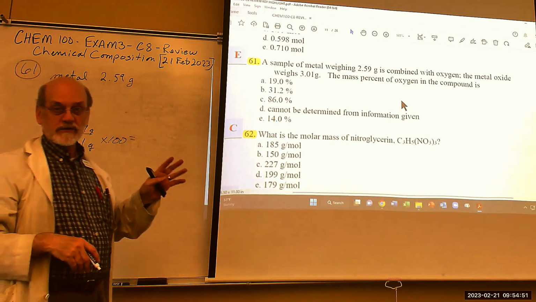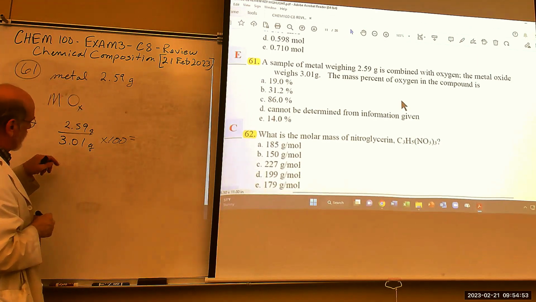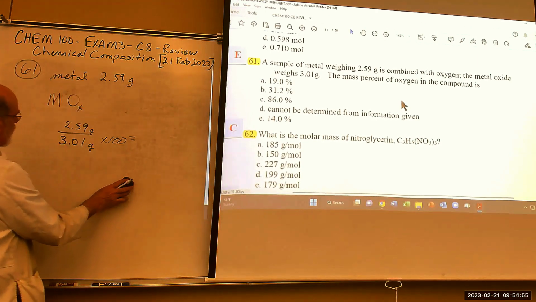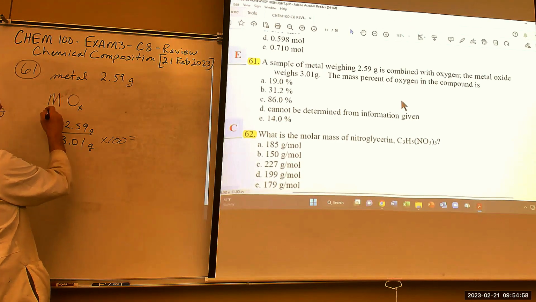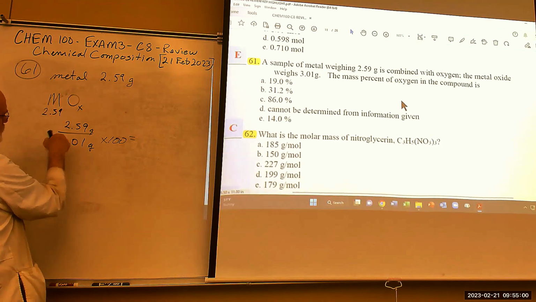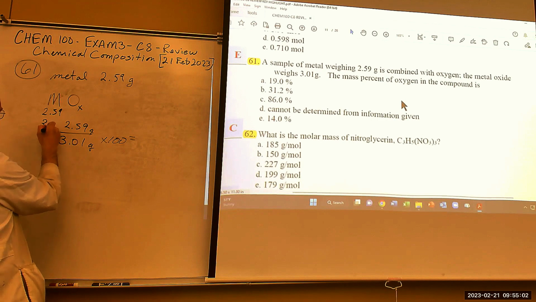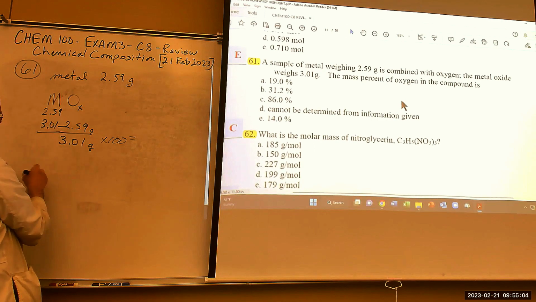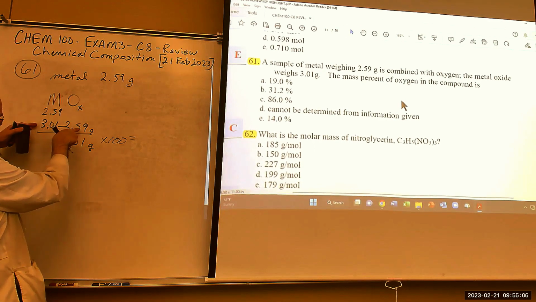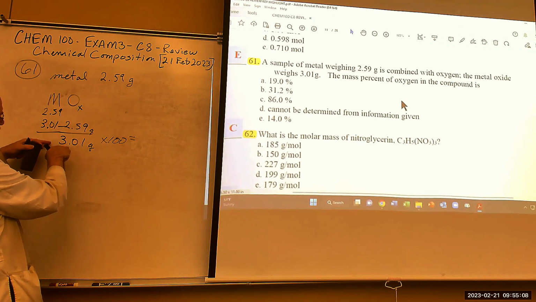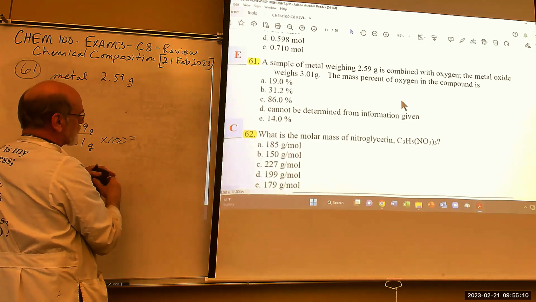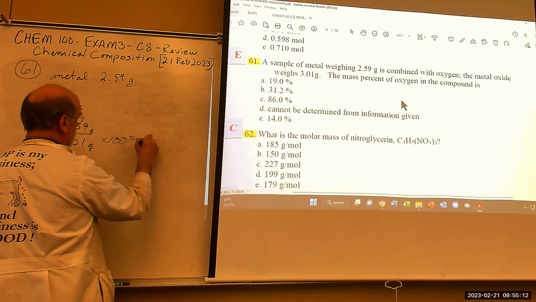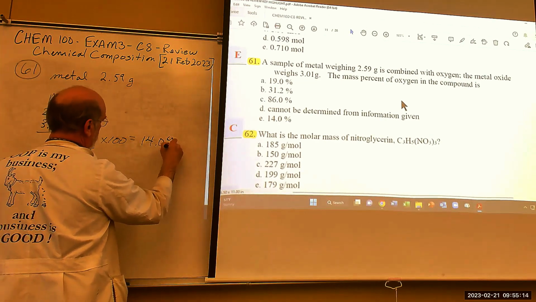I'm going to work it backwards. Oh, we can do it this way. If that's the mass of the metal, what's the mass of the oxygen? It's 3.01 minus that. So 3.01 minus that, divided by the total times 100, we should get 14% oxygen.